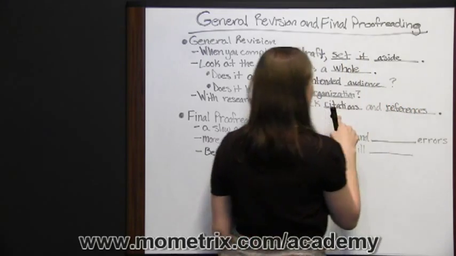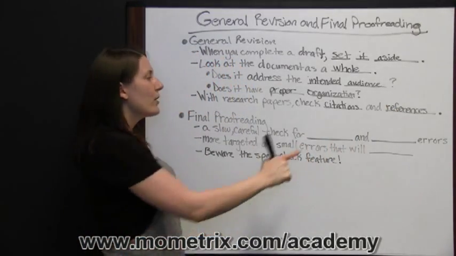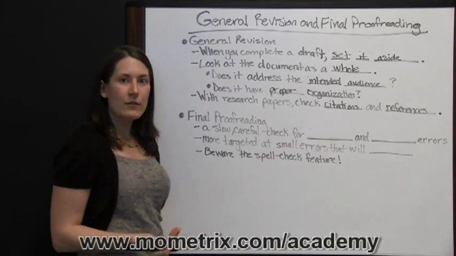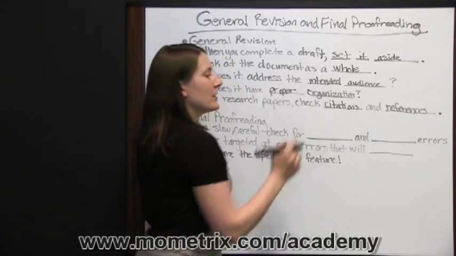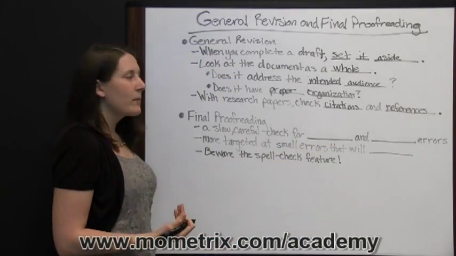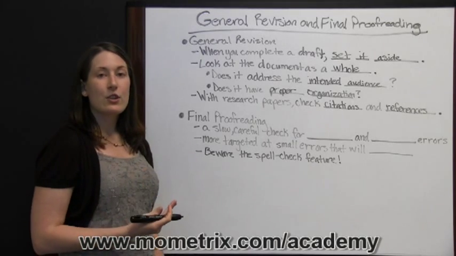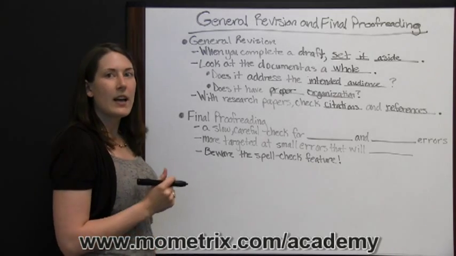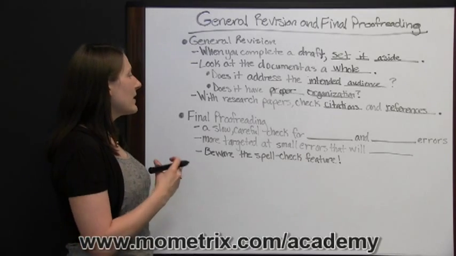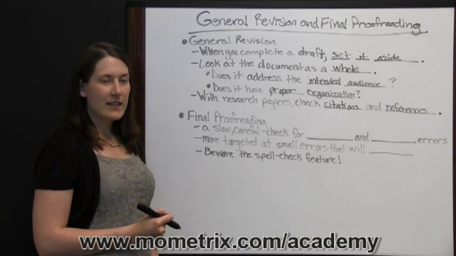You've cited some of your references in your paper. So go back to where you've cited them, make sure you've done it correctly. Go back to your references, make sure you have them in the correct format. You don't want to get that far into your paper and then realize you don't have the correct reference or you cited something incorrectly. So make sure you check that during the general revision phase.